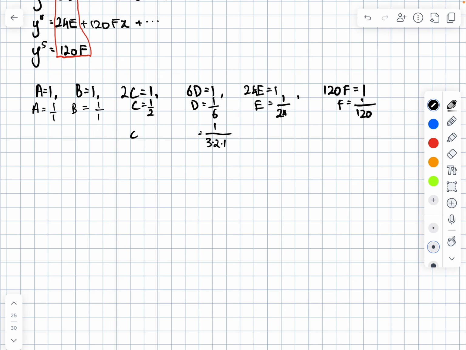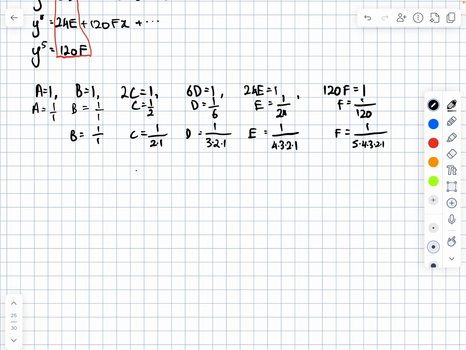And so we can see that C could be written as 1/2 times 1. And B is just 1/1. E could be written as, or 24 is actually 4 times 3 times 2 times 1. And 120 is 5 times 4 times 3 times 2 times 1.